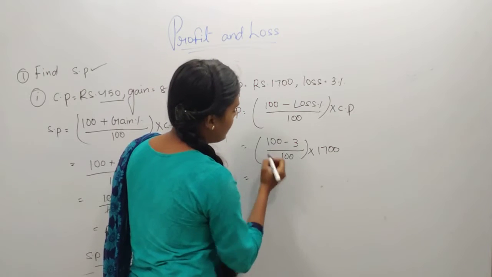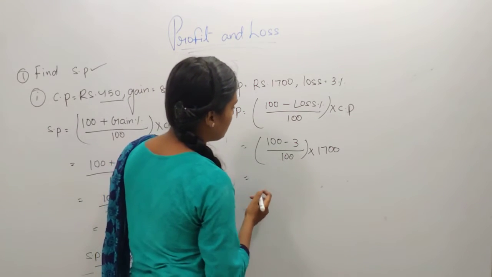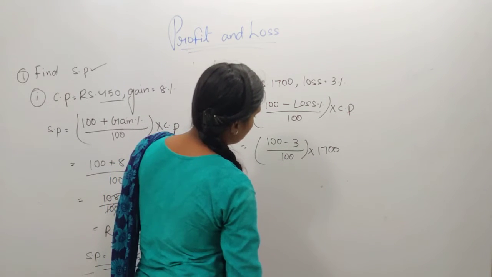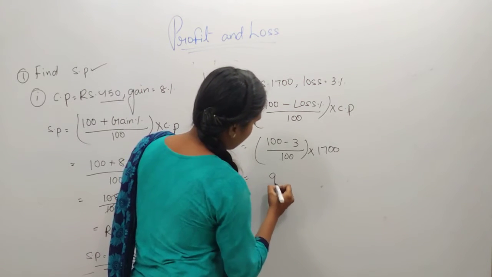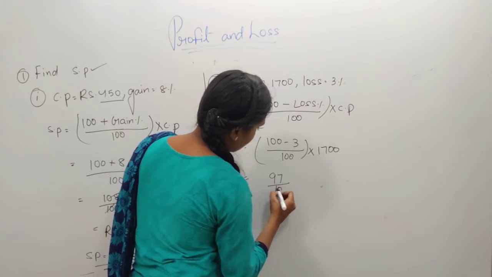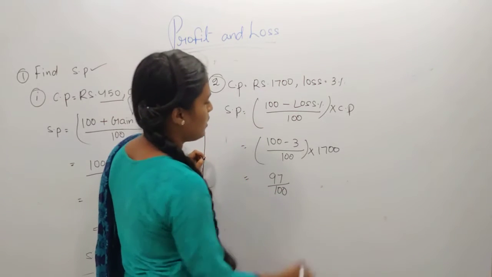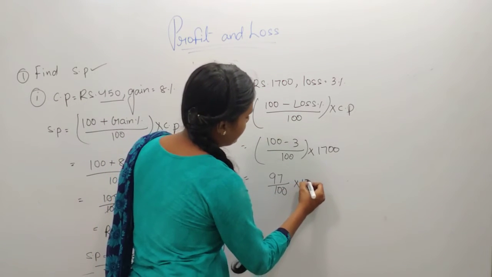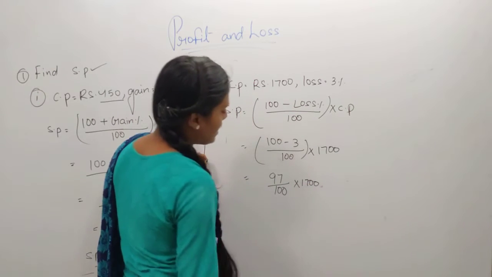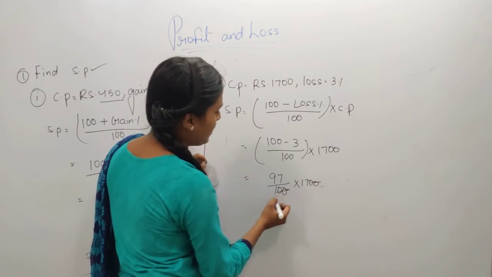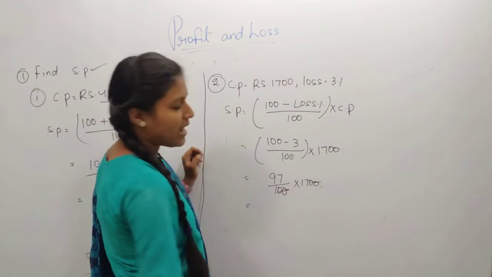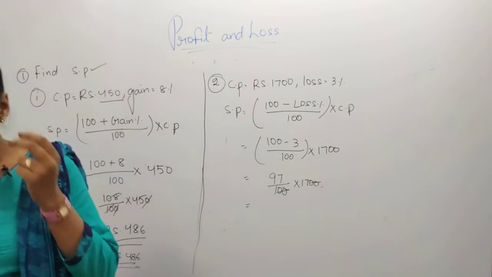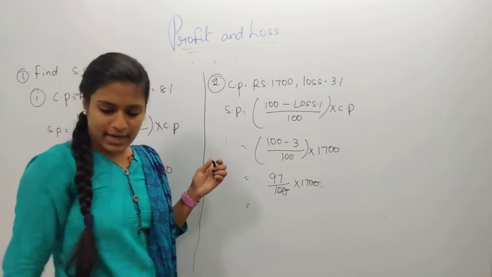Now solve 100 minus 3, how much, 97 by 100 into 1700. Now solving this by doing the cancellation, then multiply 97 into 17. 97 into 17, how much will we get?